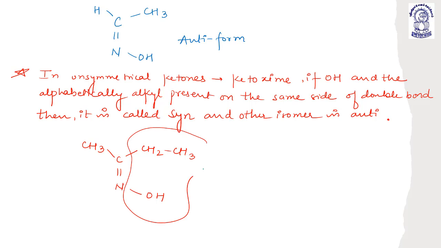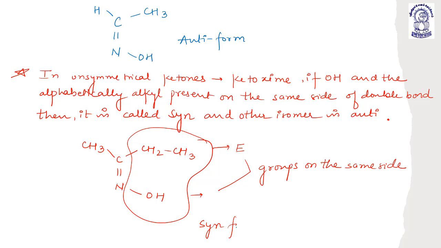Ethyl is alphabetically first, E comes first. On the same side, this is the syn form, and vice versa is the anti form.